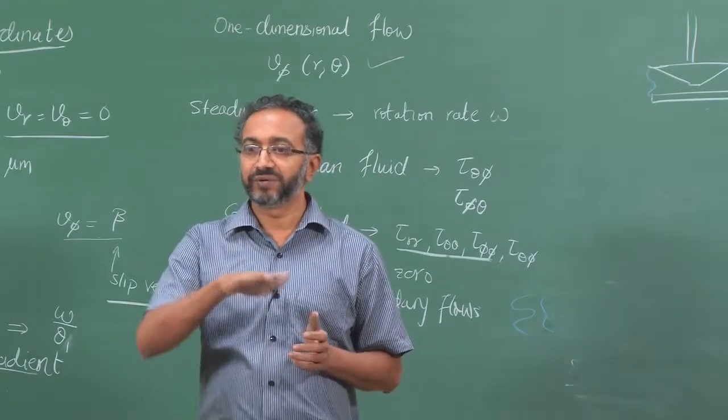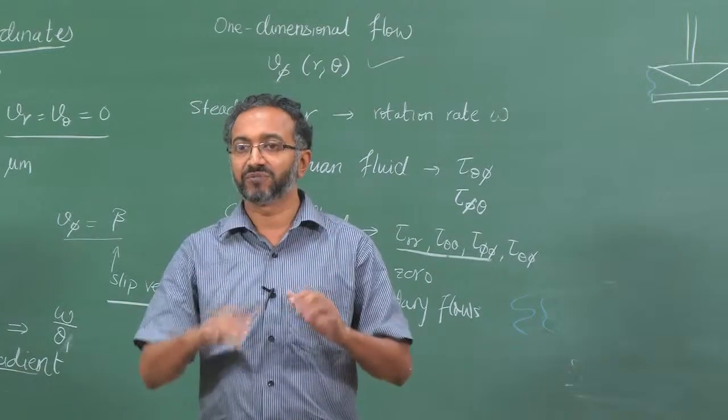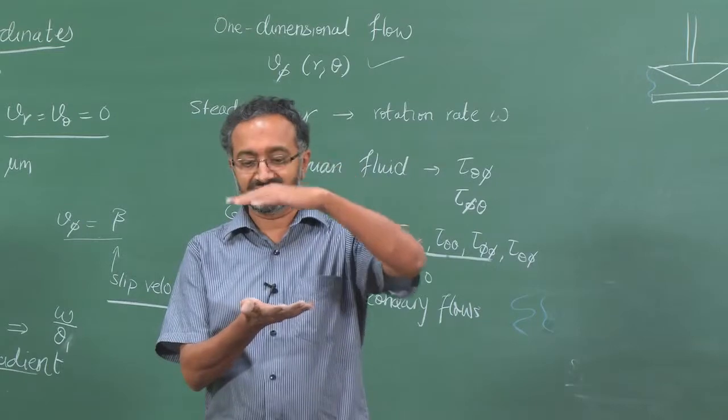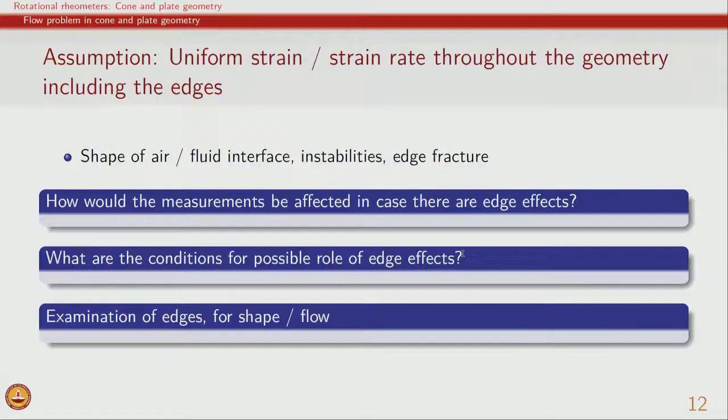I can use a scoop and press it first and then press the geometry. When I press the geometry onto the fluid, I can press it very fast, or I can press it exponentially. So there are various ways I can press the sample, because all of this eventually leads to the interface formation, because when I start initially, the fluid will be kept here.